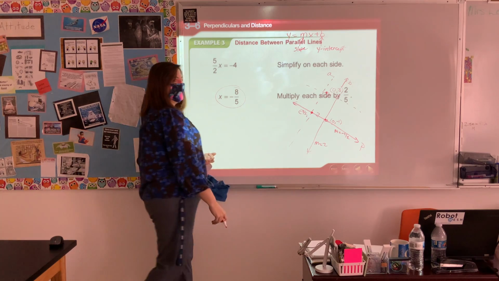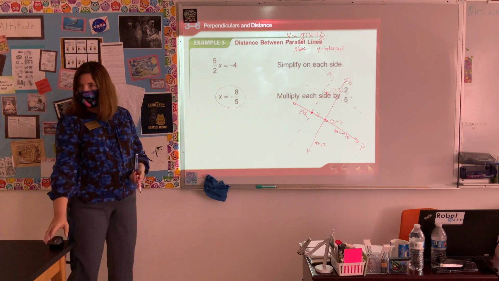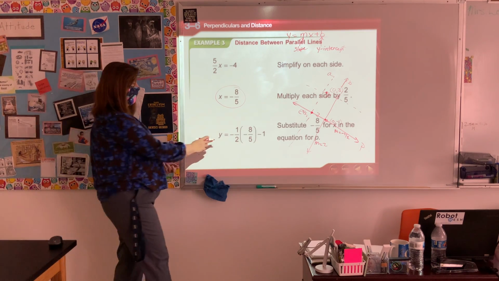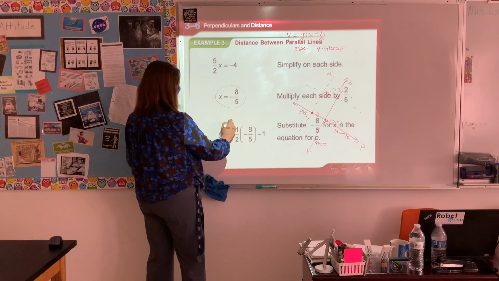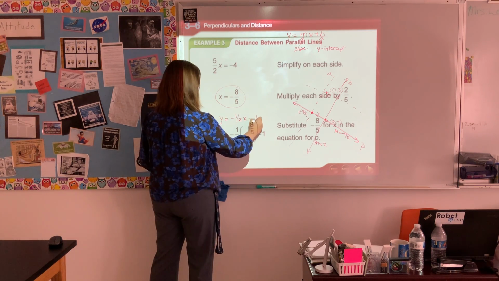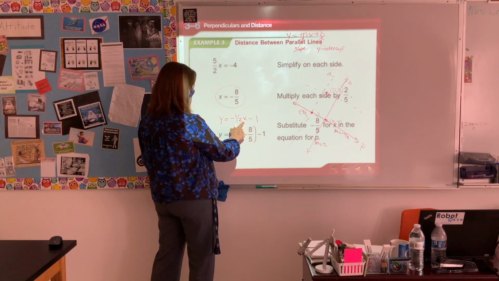How do I find out the y? Well, I plug this back into one of my original equations from the system. And so this was the negative 1/2 x, y is equal to negative 1/2 x minus 1. They put the negative 8/5 into x.